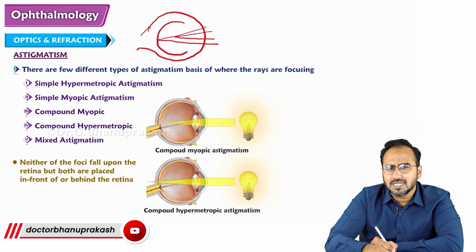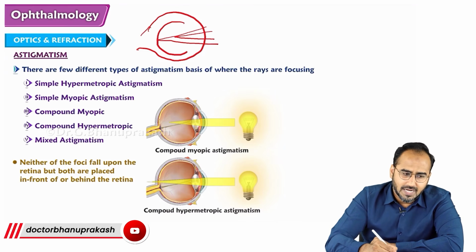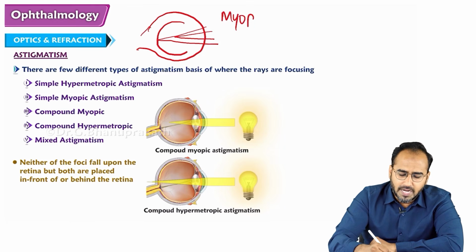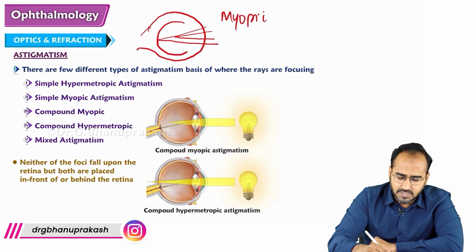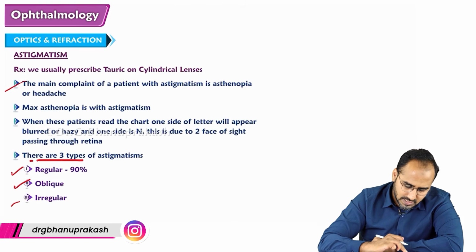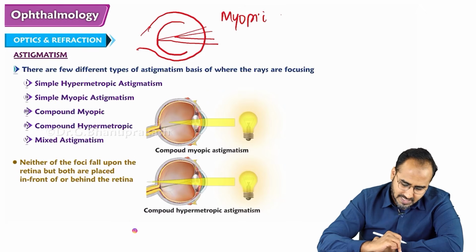Two different foci is called astigmatism. If one light ray is focusing much before the retina and one is focusing on the retina, it is called myopic astigmatism. Which myopic astigmatism, guys? It is called simple myopic astigmatism.